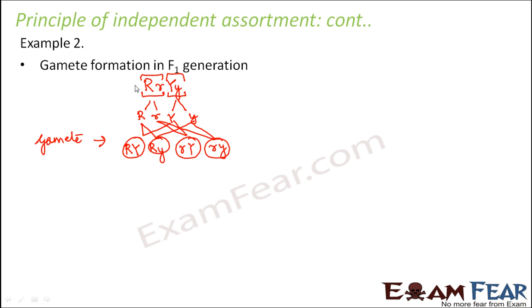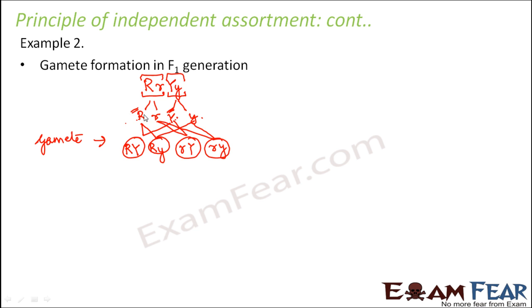If there is a rule like capital R will only combine with capital Y. In that case we cannot say that they are independently assorting, because right now they are all getting independently segregated and then all the possible combinations are being made. For example, R can combine with this, R can combine with this, small r can combine with this. So we are actually considering all possible combinations. That's because these gametes are independently assorting.